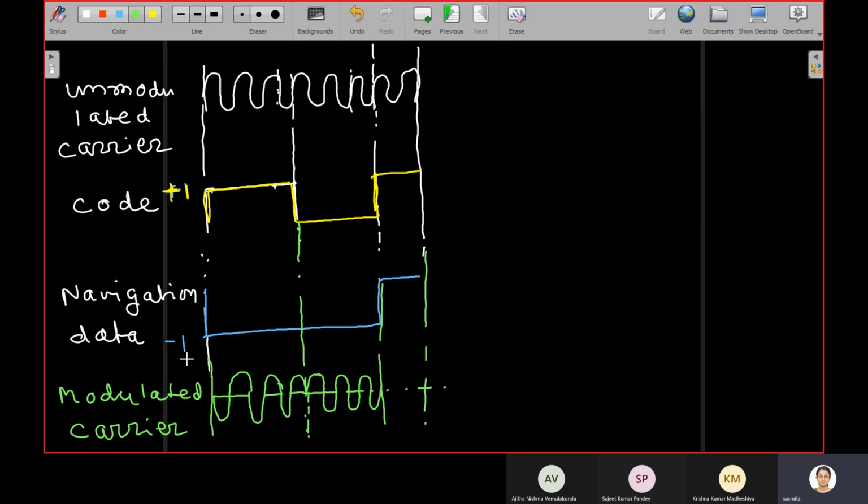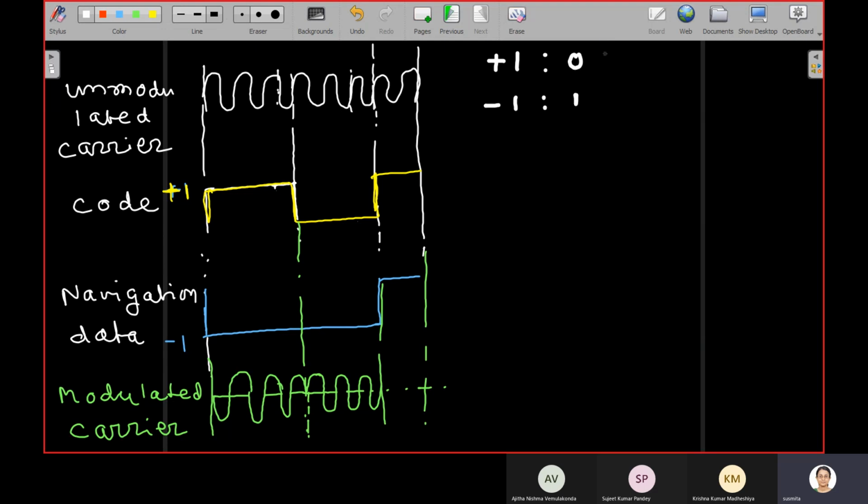Here we are assuming that the code and data take values of plus and minus 1. Now what if instead of plus 1, we assume that we take 0 value, and instead of minus 1, we take plus 1?